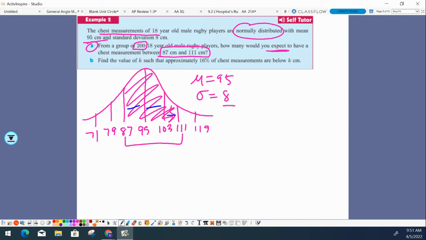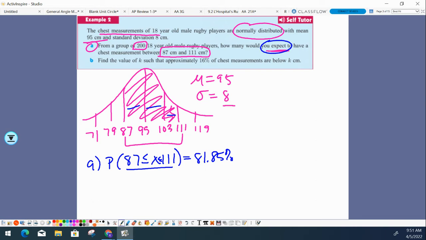So if we add all of those up, the probability that it's in between 87 and 111, adding all those probabilities up, it's going to be 81.85%. But the question is asking for more.